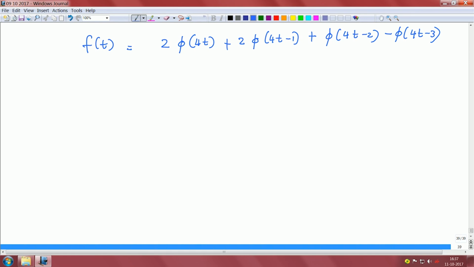Now, let us do the wavelet decomposition. So, let us do a wavelet decomposition of f into spaces W1, W0 and V0. That means you will have a component in W1, a component in W0 and in V0.